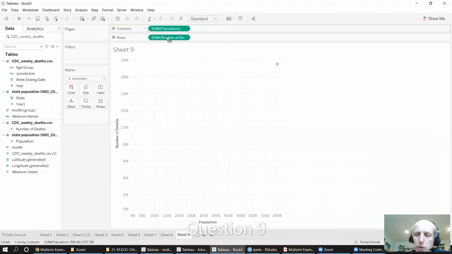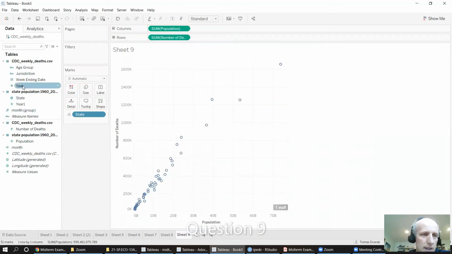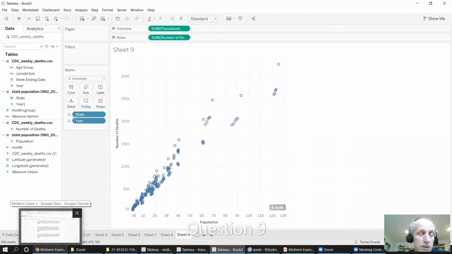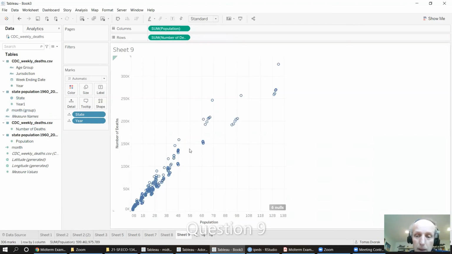And we're supposed to do this by state and by year, so that we have 306 marks, 6 years times 51 states, or 51 jurisdictions, 50 states plus District of Columbia. And we're asked to see if any years stand out. So we're going to put year on color.